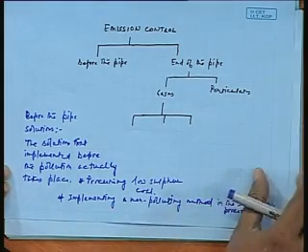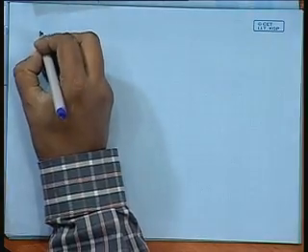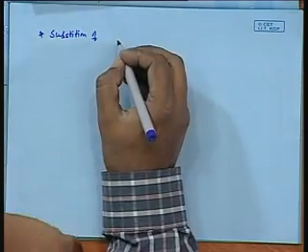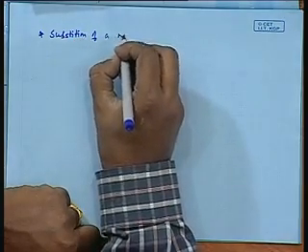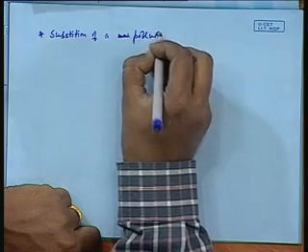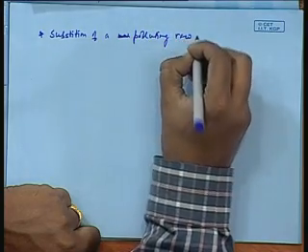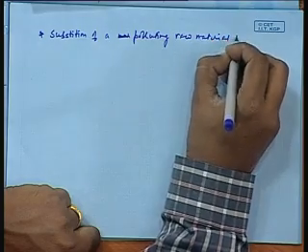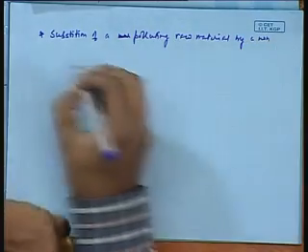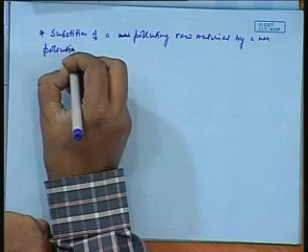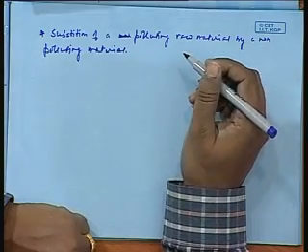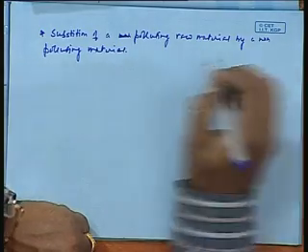Another example that you can think of is substitution of a polluting raw material by a non-polluting material.